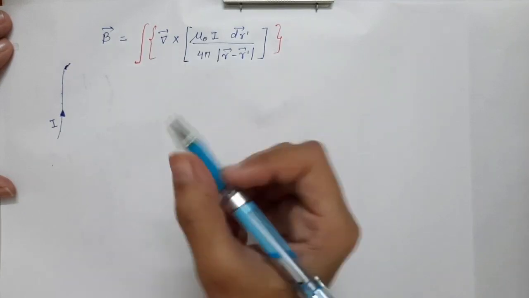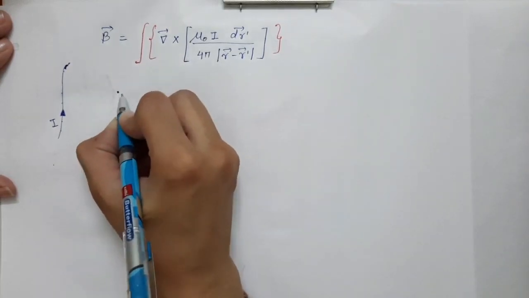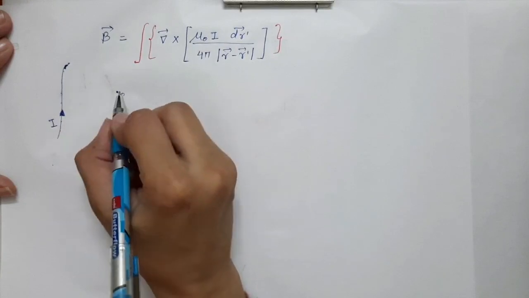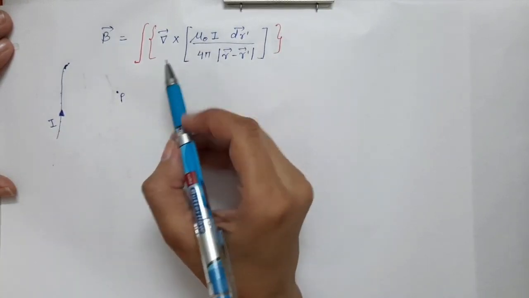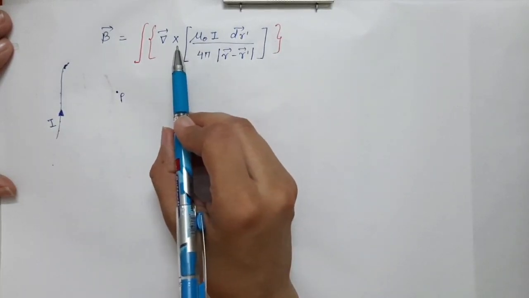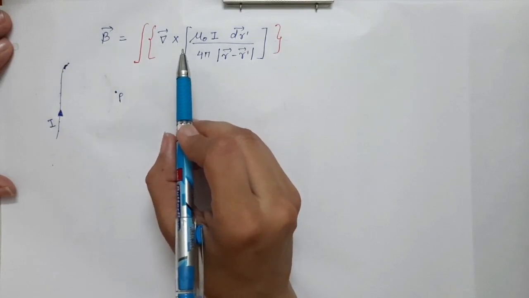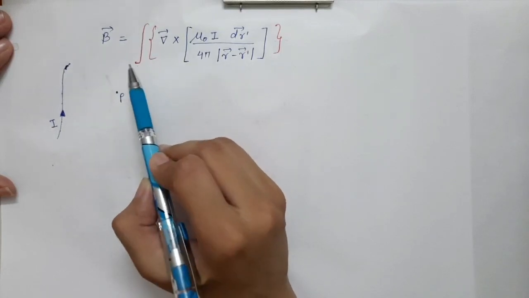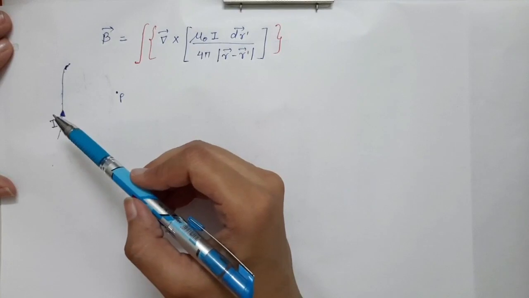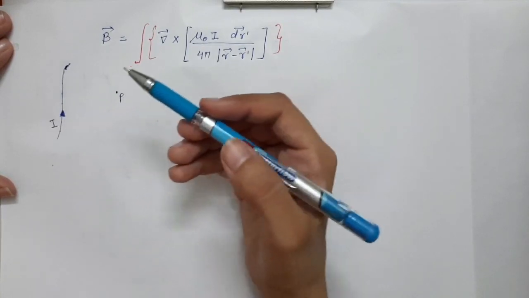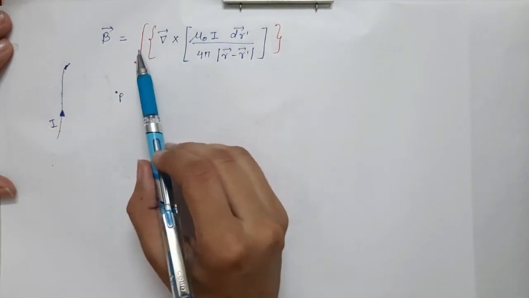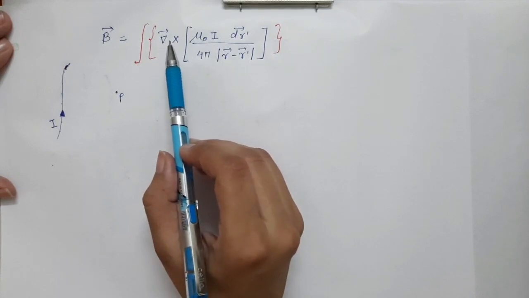This curl is taken at the observation point, which is present outside the current distribution. So definitely this curl is with respect to the x, y and z coordinates, and integration is done with respect to the primed variables.